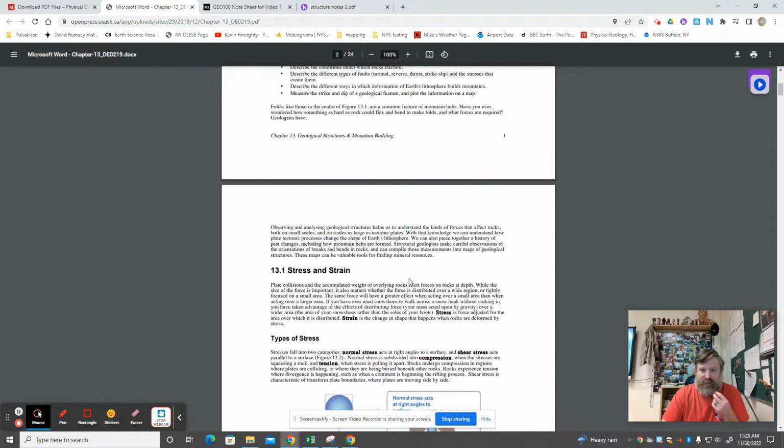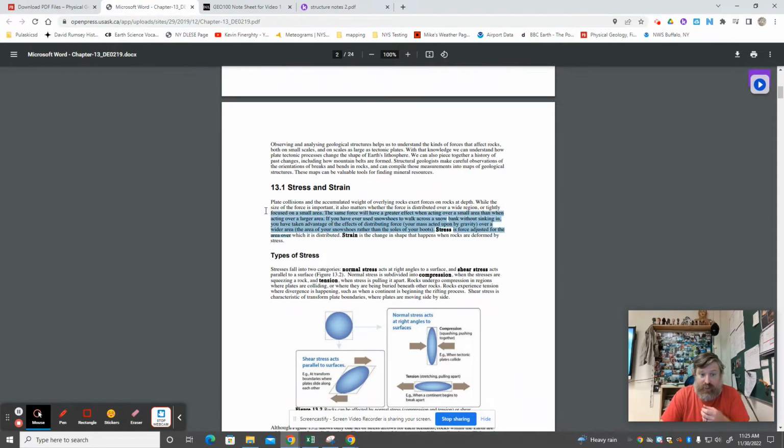So stress versus strain. First off, let's do that. This little section of the book right here, 13.1, does a fantastic job. So check that out. Stress is really the word that goes with the force, and strain is the word that goes with the change in shape. So if you hear somebody say that they're under a lot of strain at work, if you're being literal with language, that would mean that their head is being physically misshapen by their workload.